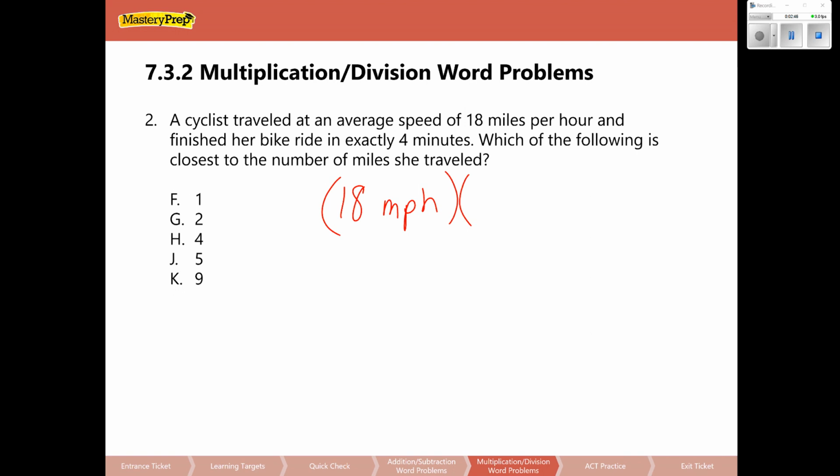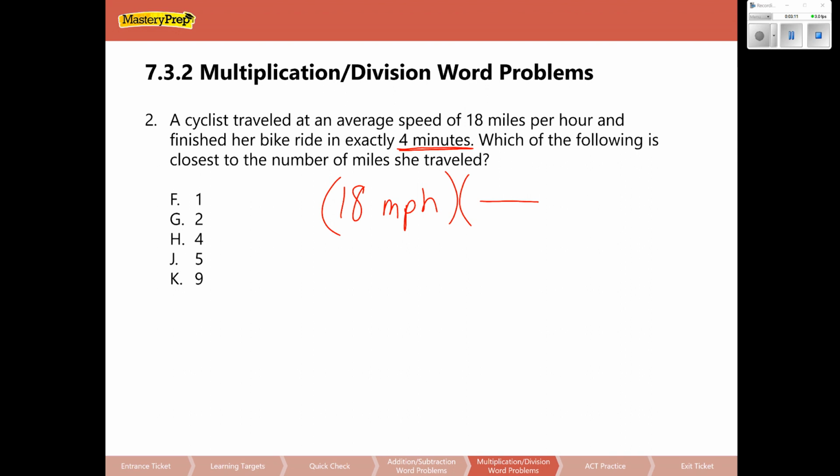So for every hour, how far does she travel? If she's traveling 18 miles an hour, she's traveling 18 miles, yes? But how long did she actually travel for? 4 minutes. So if we can convert this into hours, we can know what it is.